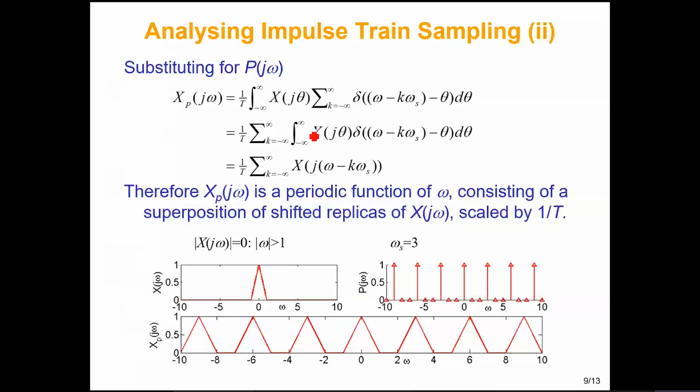That means once we find this out, the end result would be the same X(jω) shifted at multiples of ωs, and because of the scaling of 1 over 2π, ωs becomes ωs divided by 2π, which is 1 over T, because we know that ωs is equal to 2π over T. So ωs over 2π would be just 1 over T. So this is what we end up getting. Xp(jω) ends up becoming this.